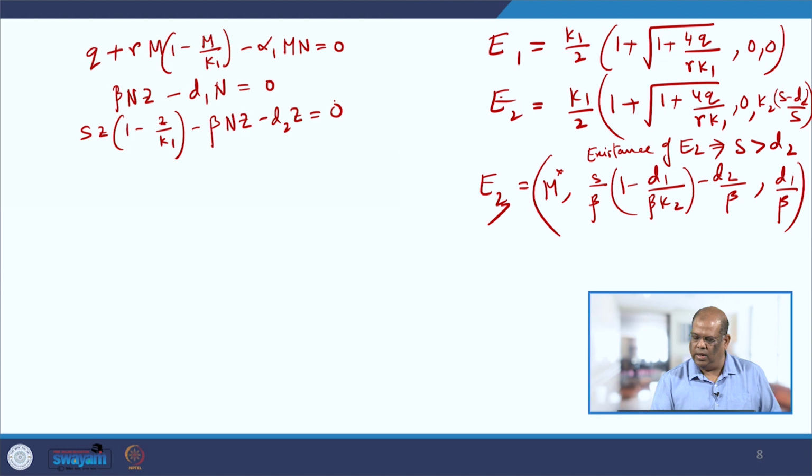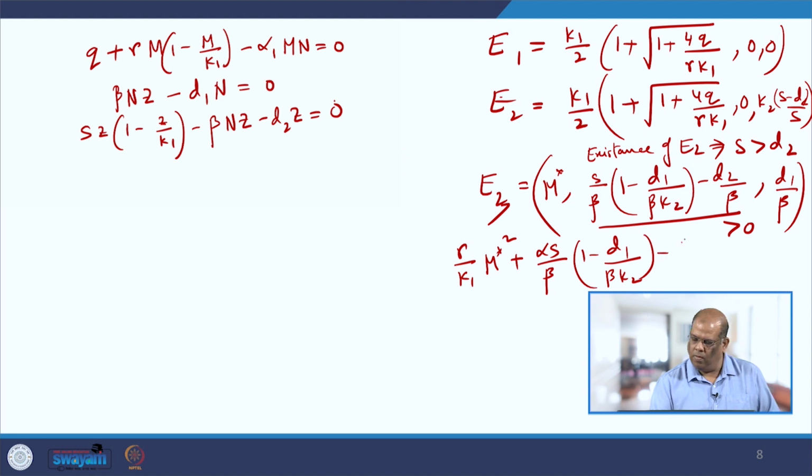Again, for the existence, this part must be greater than 0, and this m star can be obtained from the equation R by K1 m star square plus alpha S by beta 1 minus D1 by beta K2 minus alpha D2 by beta minus R times m star minus Q equal to 0.